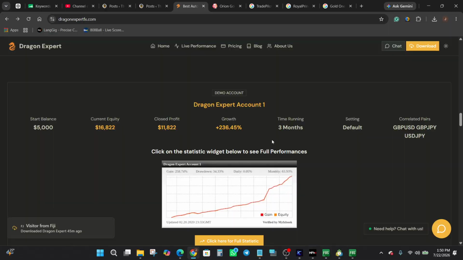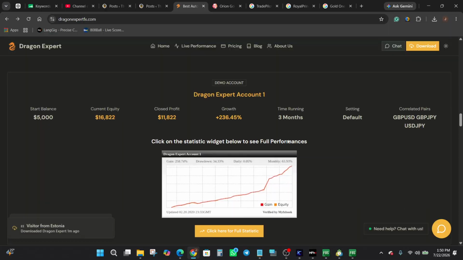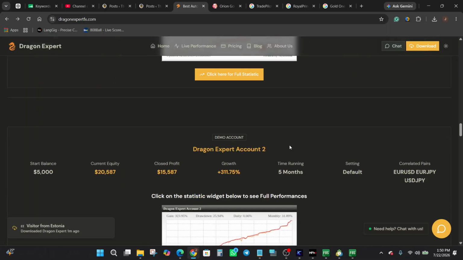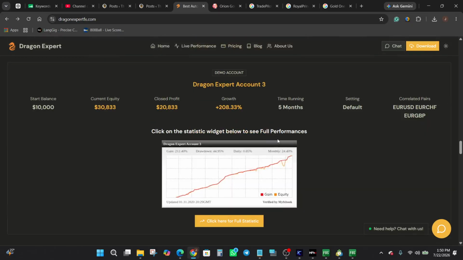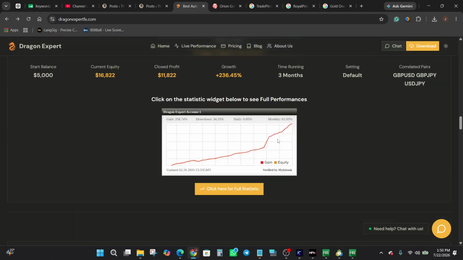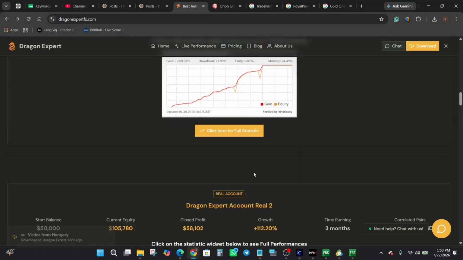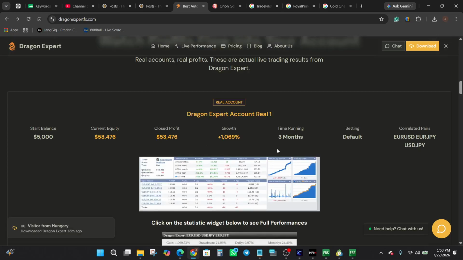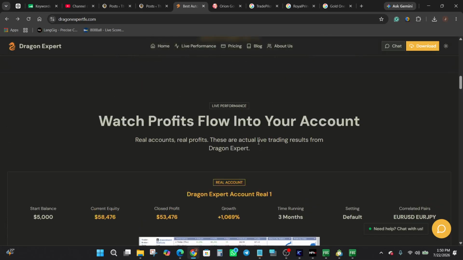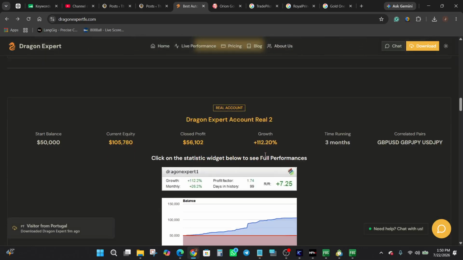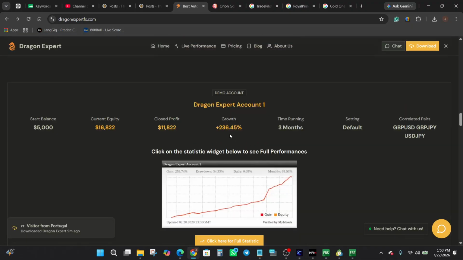Now we have the demo accounts. 3 separate demo accounts are displayed, you can see 1, 2, 3, running across 3 to 5 months. The first demo reports 236.45% growth on GBP USD, GBP JPY, and USD JPY.